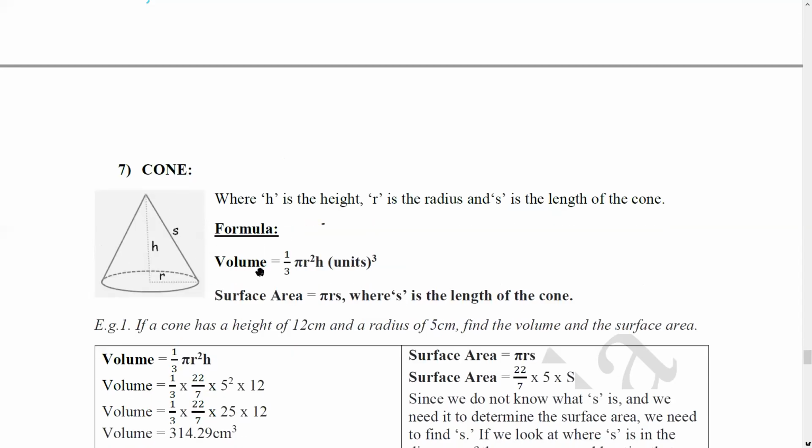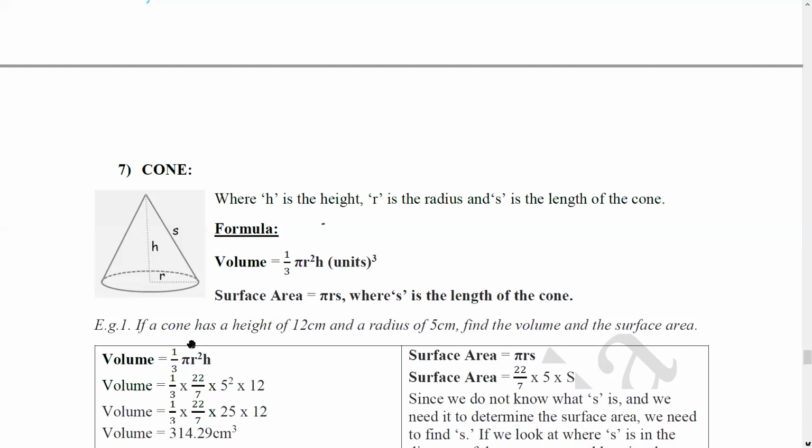The formula for finding the volume of a cone is 1/3 pi r squared height, and of course its unit is unit cube. The surface area, however, is pi r s, where s is the slant length of the cone.